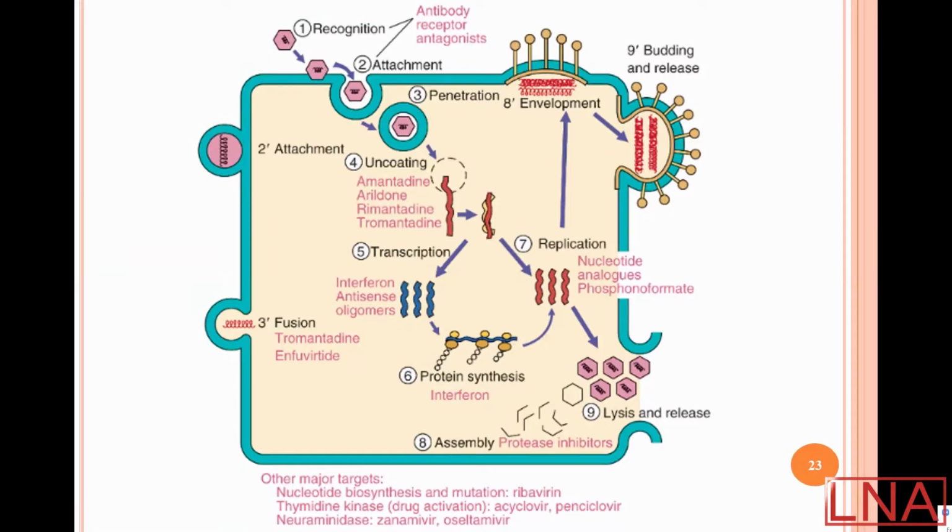On the same picture, you can observe different kinds of chemicals or immune components which can stop each step in viral replication. For example, recognition and attachment can be stopped by antibodies, receptor antagonists, and also by several drugs which target the surface of the virion.